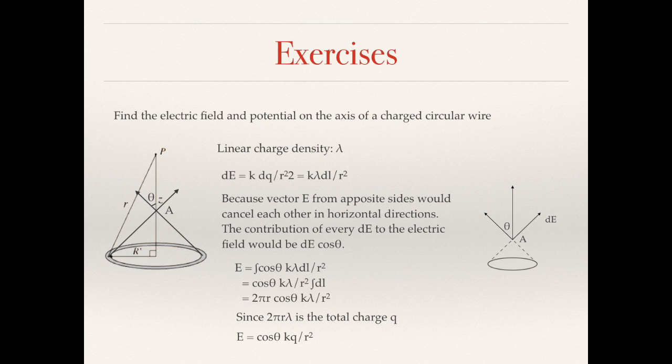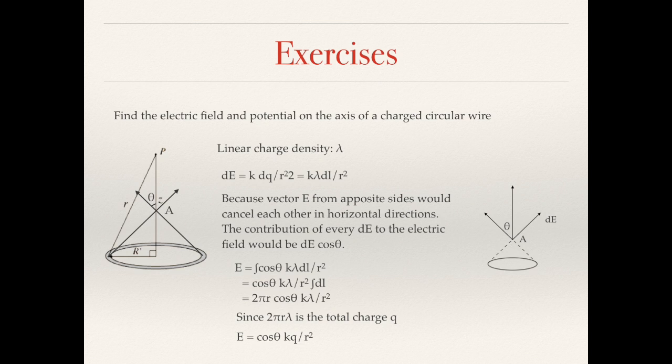So to get the electric field, we need to integrate them together. For a given point, the cosine theta, the k, the lambda, and the r squared are all constants. So we could put them outside of the integral sign, and the only thing in it is the dl. And since it is a circular wire, the integral of dl should be equal to 2 pi r.